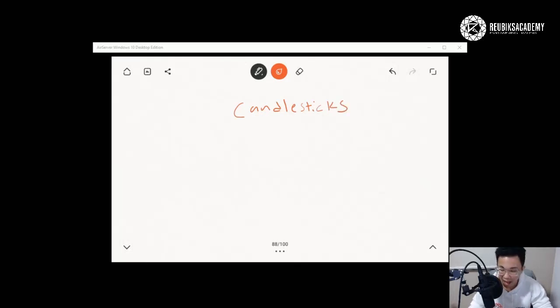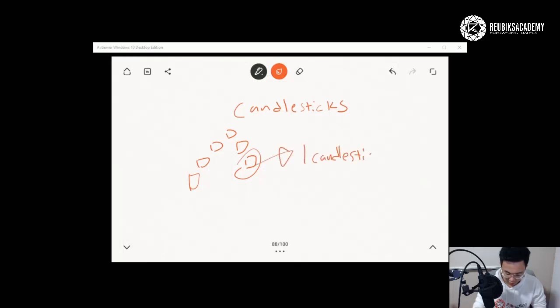Now, what are candlesticks? Later we will go on to the live chart, but basically once you go on to a live chart, you will see that there are all these rectangles on the chart. Each of these is called one candlestick, and together they are called candlesticks. Now what do these candlesticks represent?